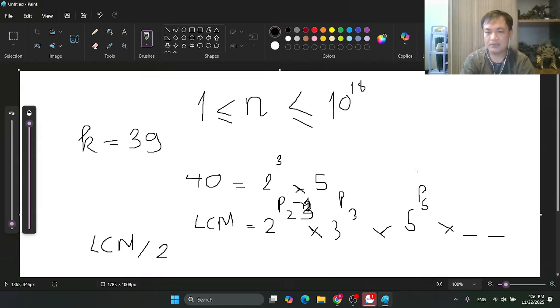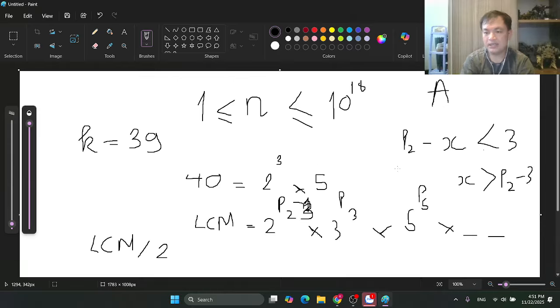Repeat until the answer is A. Until the answer is A. That means P2 minus S is smaller than 3.